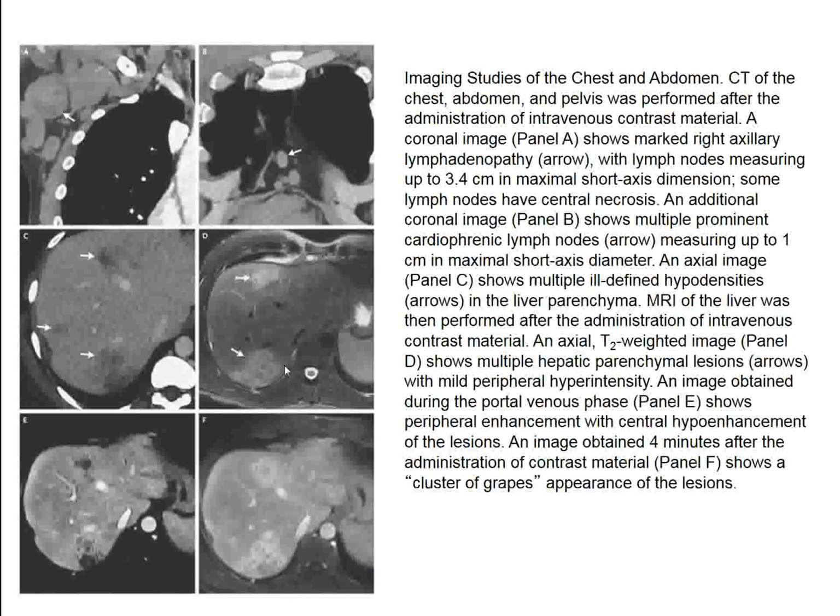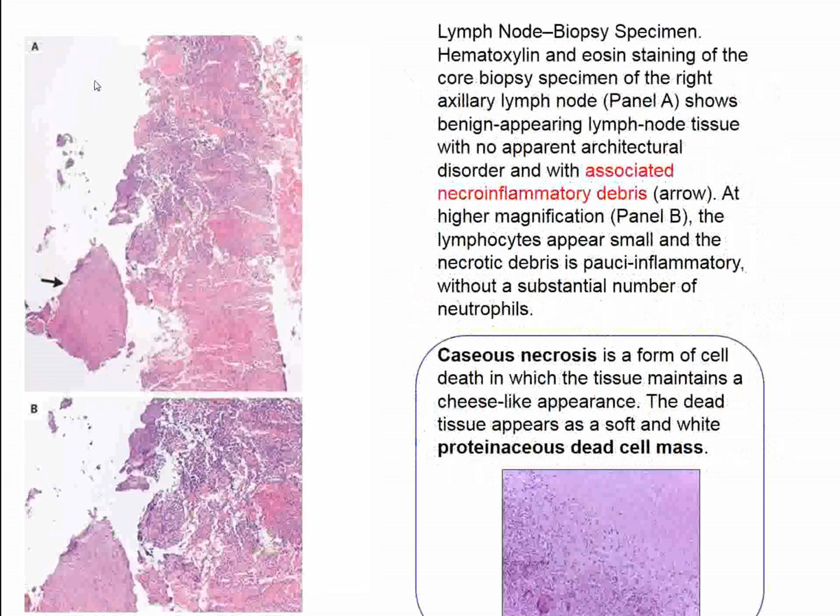So various imaging studies were done since he had symptoms of night sweats and fever and weight loss and this sort of thing, and we can see big necrotic areas present in his liver here. What could these be? Echinococcus granulosus, I guess, or a hepatic abscess of some sort, or tularemia, or something of this nature. And he has huge axillary lymph nodes.